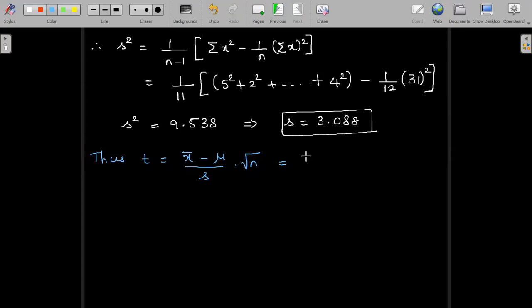X bar is 2.5833 minus mu is assumed as 0, the whole divided by 3.088 into square root of 12. Square root of n is equal to 12 here.